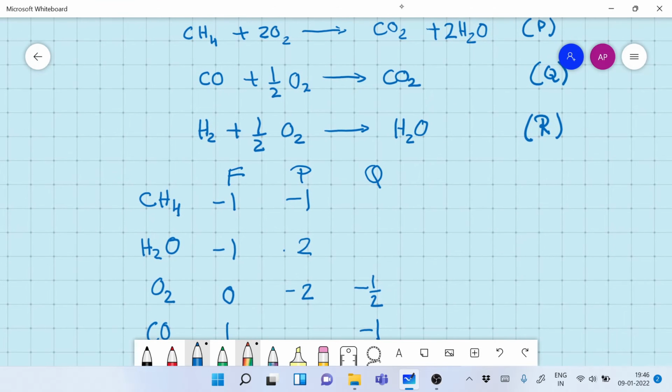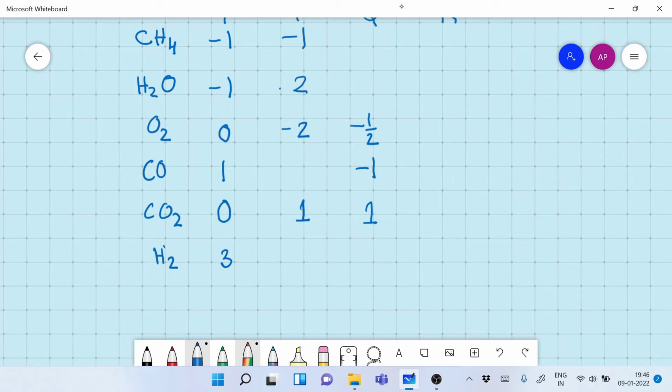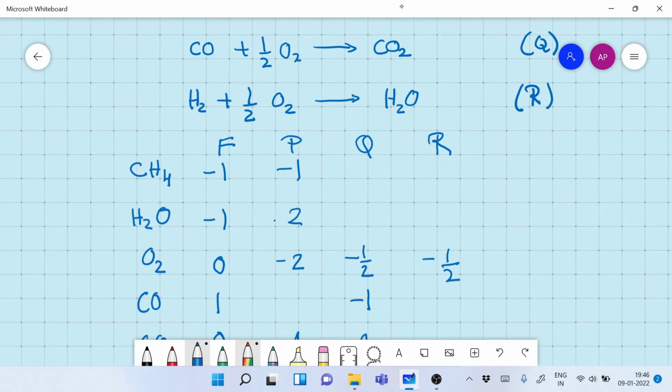For reaction R, we have hydrogen as -1, oxygen as minus half, and water vapor as 1.